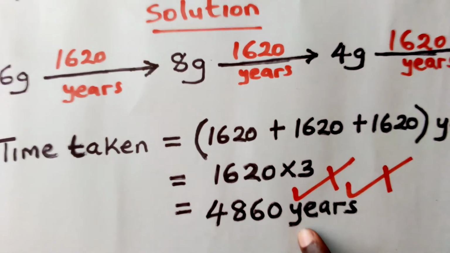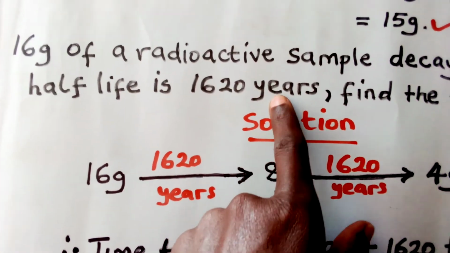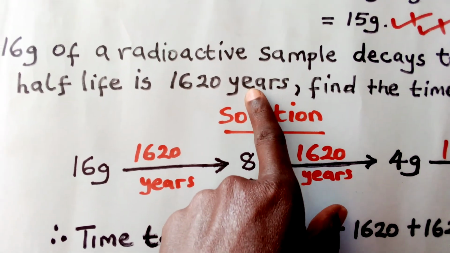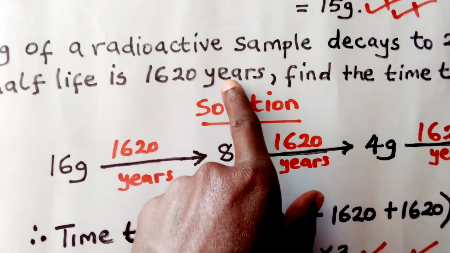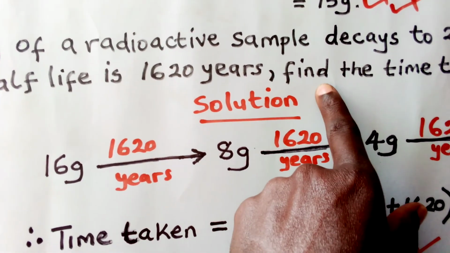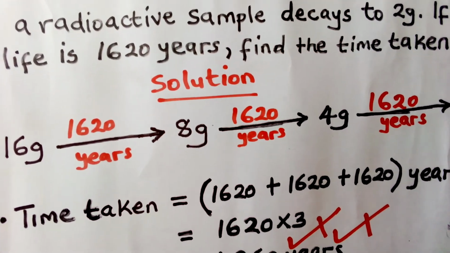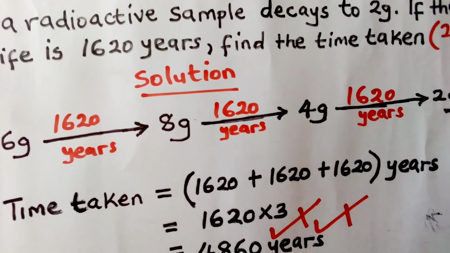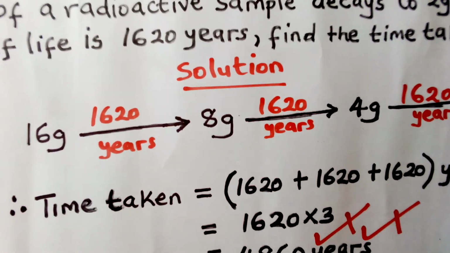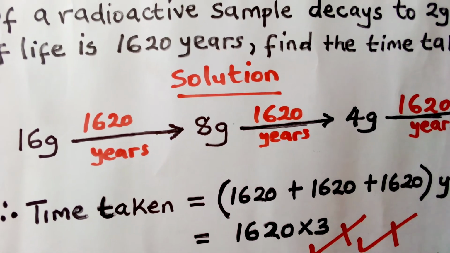Years. Why years? Because the question was talking about years. So master the question properly. If the time is in minutes, use minutes. Don't change the meaning. So this is how we handle this type of question, and you get all your marks.